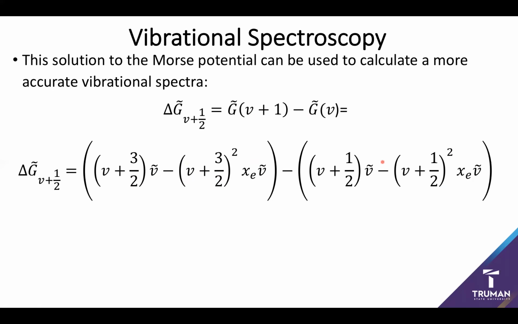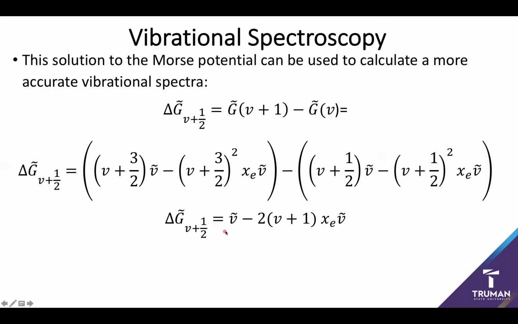Now, this next bit gets a little bit fun as I try and match up the math. So we have some easy terms. So for example, I know that if I take this first term of V plus 3/2 minus V plus 1/2, well, the V's are going to cancel. 3/2 minus 1/2 is just going to give me 1. So I'm just going to have my vibrational constant.